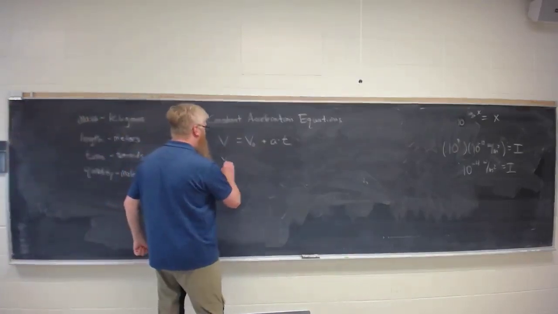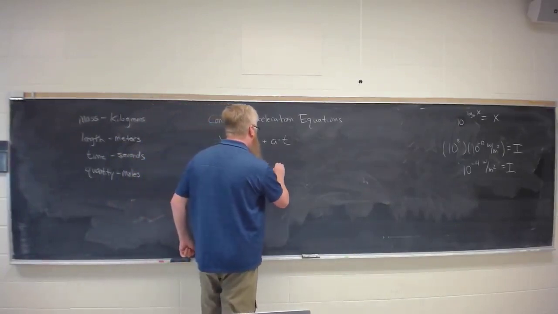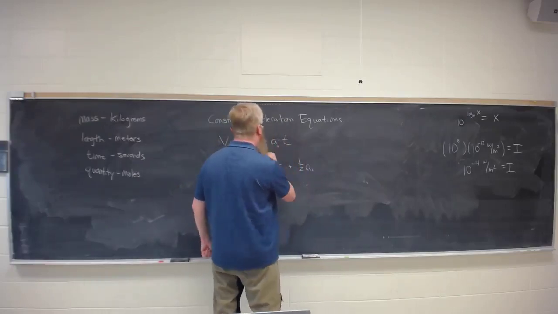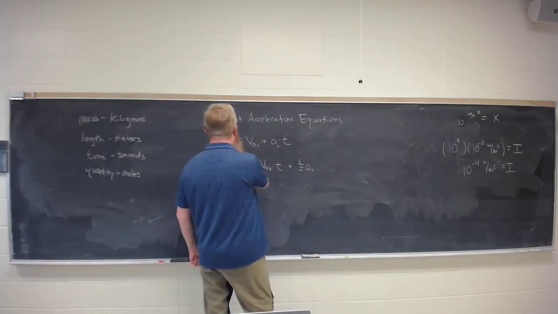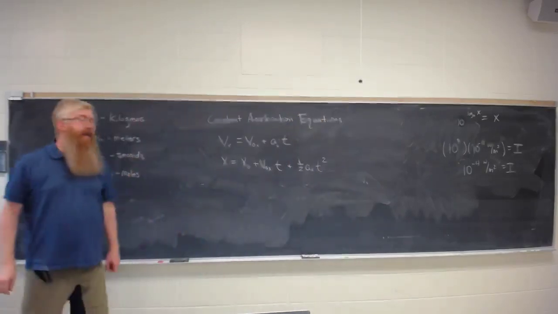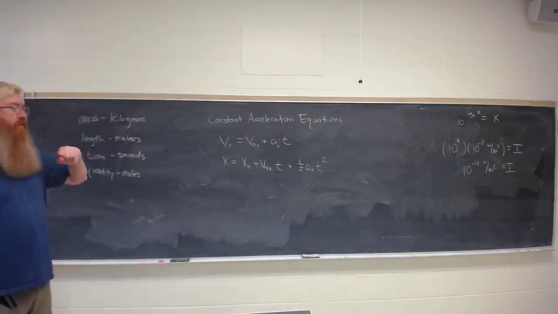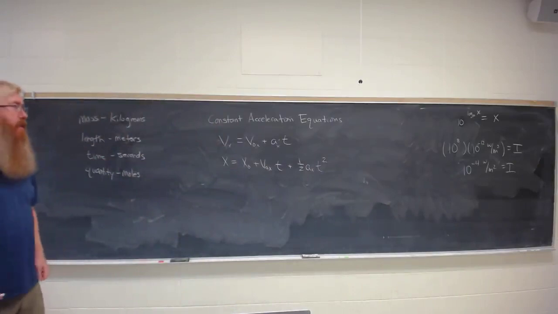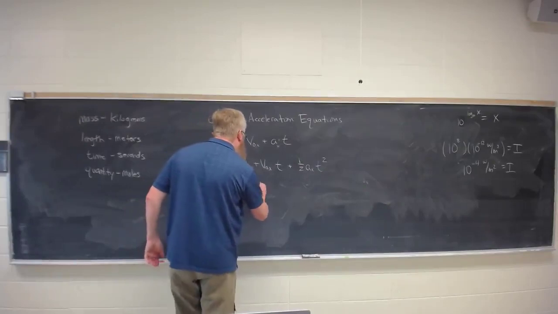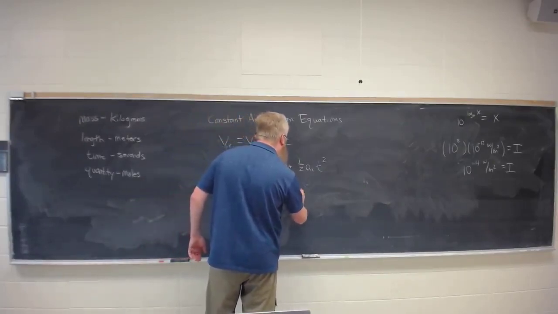Then we had x is equal to x naught plus v naught x times t plus 1/2 a sub x, I guess I could be a little explicit, talking about x direction here, t squared. Our second constant acceleration equation dealing with displacement, initial velocity, and acceleration. And then finally we had v squared is equal to v naught squared plus 2 times the acceleration times the displacement.